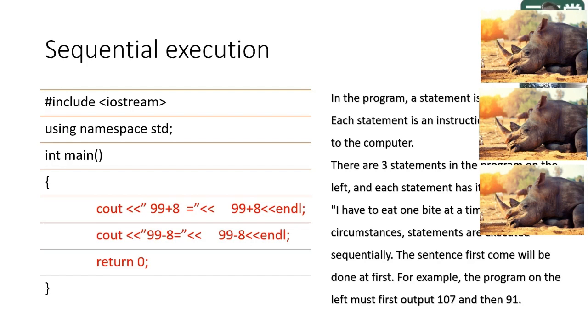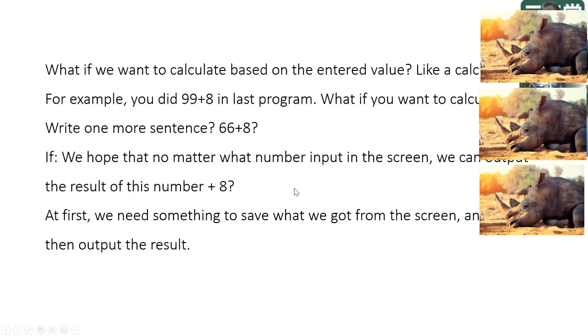When we write programs, in most cases we do not want the computer to only calculate these fixed things. That's so easy. We want the computer to do more: I give you two numbers, you give me the answer. That's what we want to do, right? So that means what?